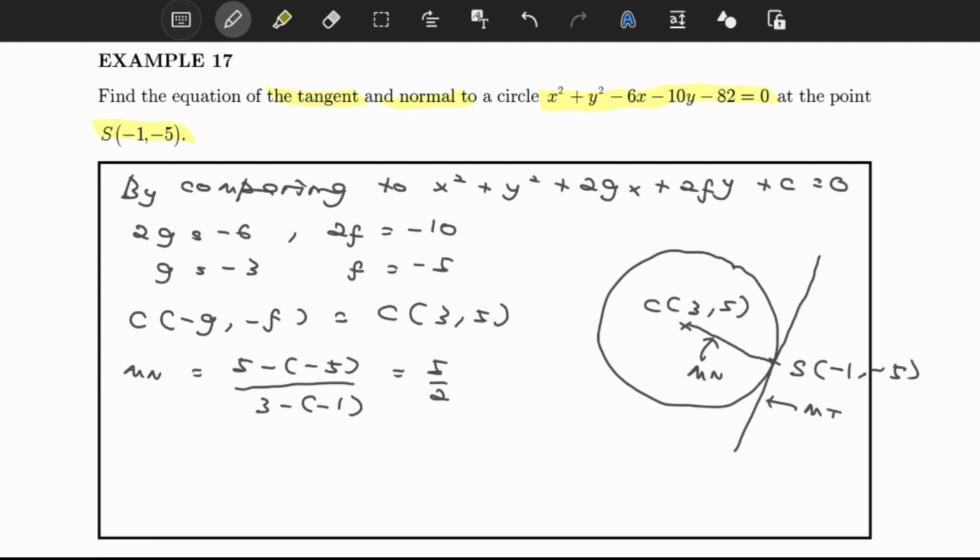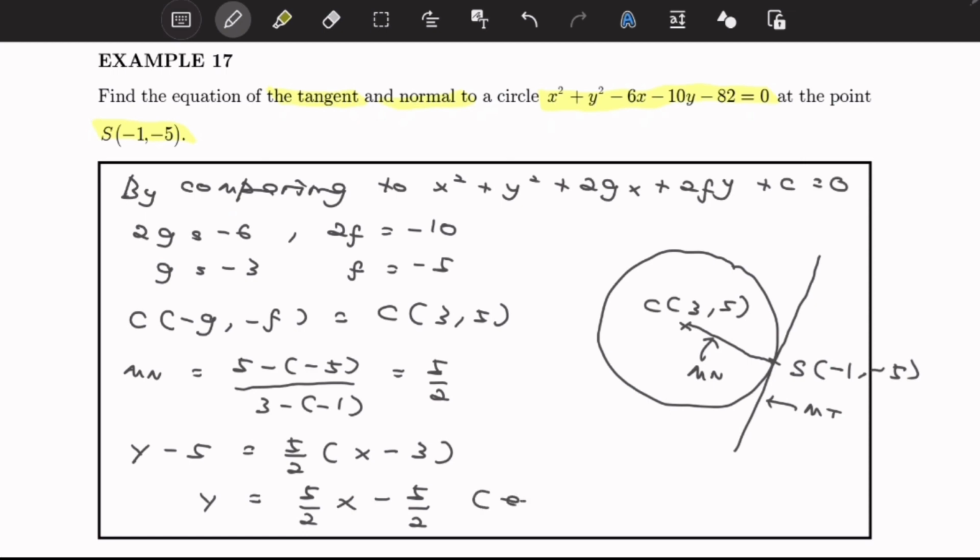So I choose the center. y minus y1, which is 5, equals mn, 5 over 2, times (x minus 3). So y equals 5 over 2 x minus 5 over 2.